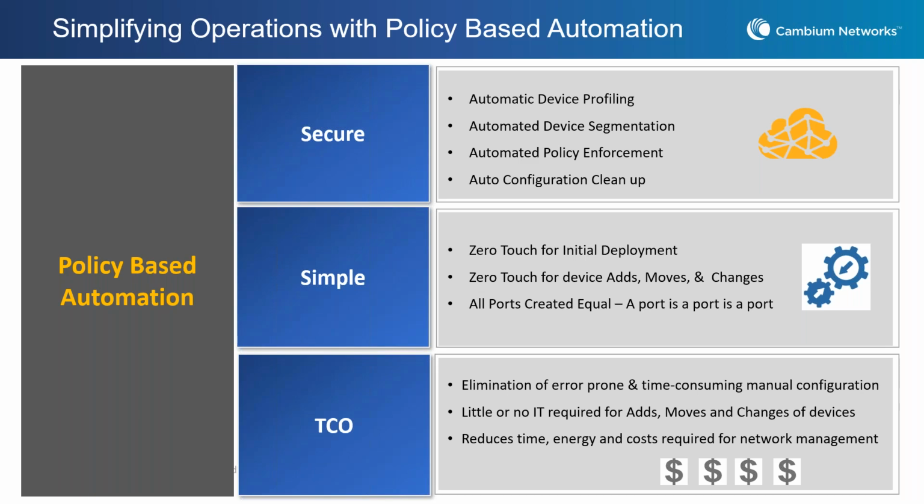For your IT team, you no longer need a trained IT staff member to do these adds, moves, and changes. The IT team is already very, very busy doing other things, so this is one less thing they now have to do. So overall, PBA reduces the time, energy, and costs required for the management of the network.